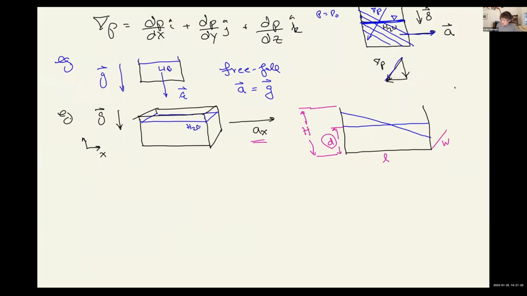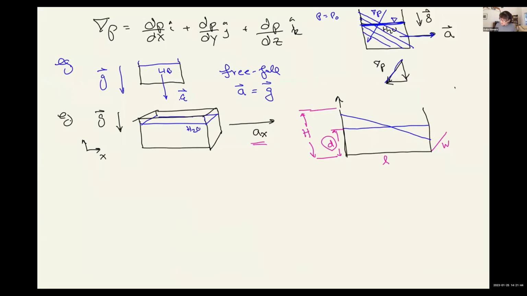Okay. All right. So let's consider now the problem. So let me draw here. Let's do this in XY. I think that's what I had in the notes.